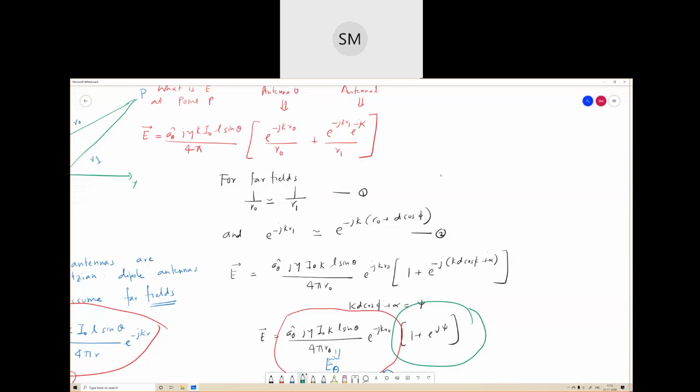If we only had antenna 0 and not antenna 1, we would have only had the red part in our equation and not the green part. Do you agree with this statement? Right? So the green part is coming because there are more than one antenna.